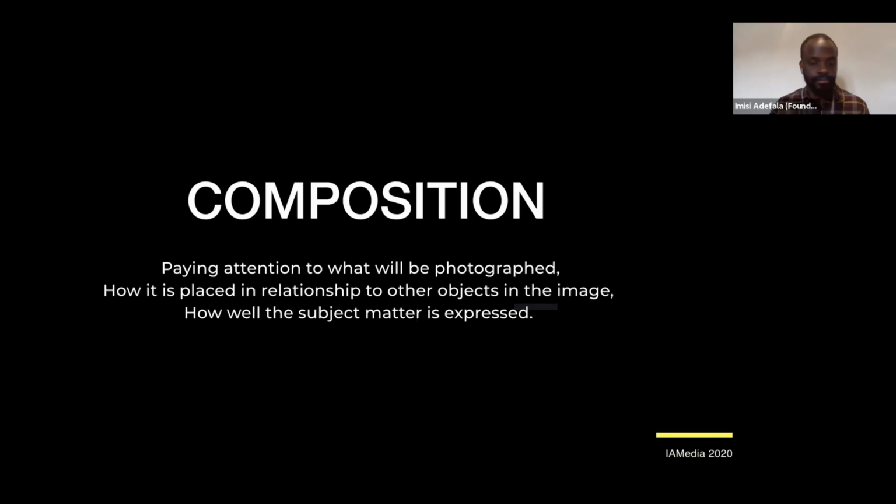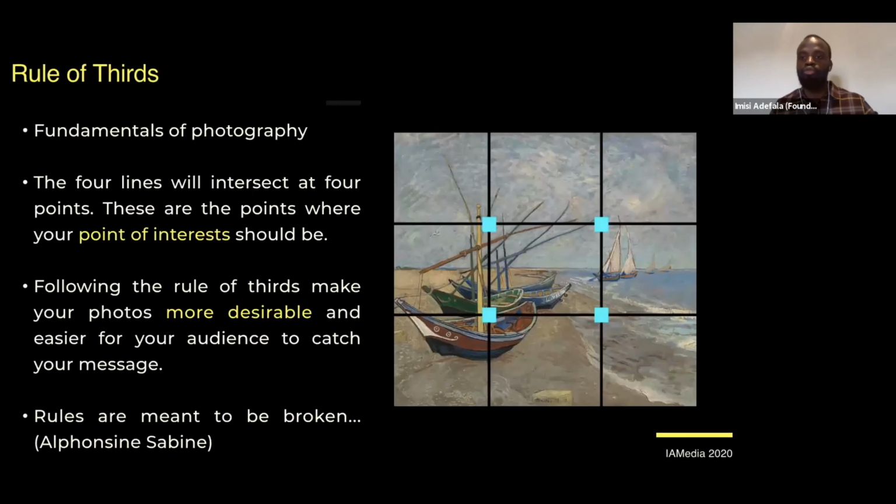So, rule of thirds, okay? This is beautiful. I'm going to become a historian for a second. In the Renaissance era, painters wanted to create a way that they could paint their subjects, but also see more of the landscape as well.